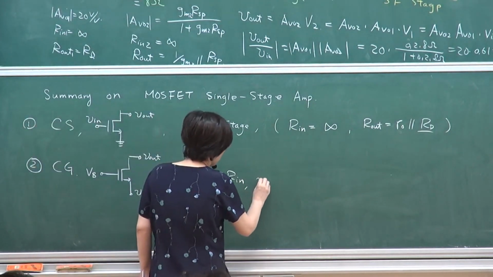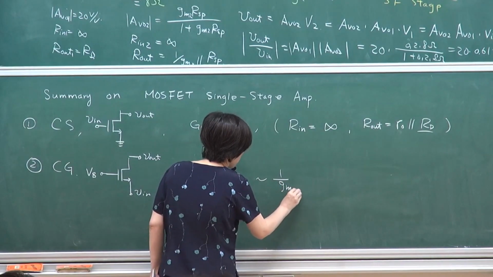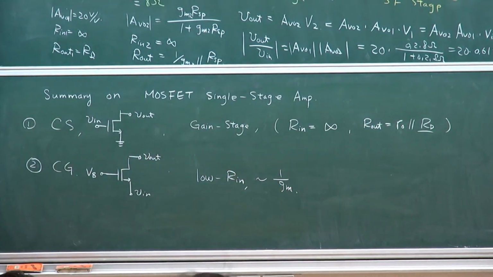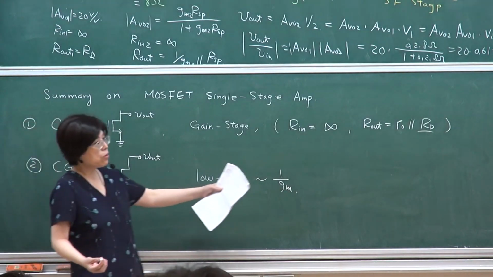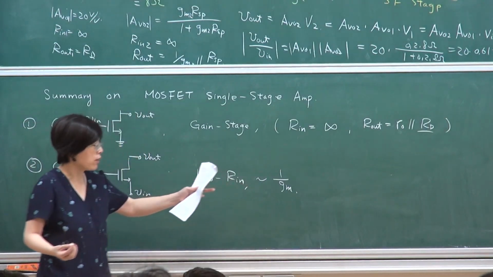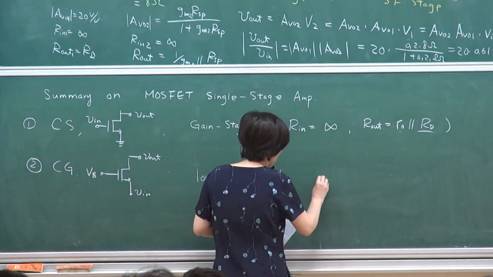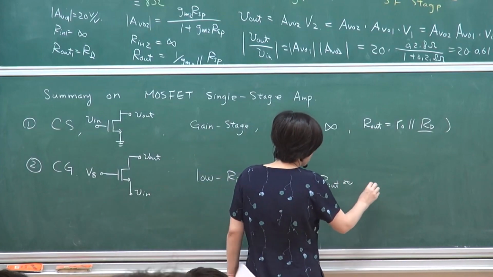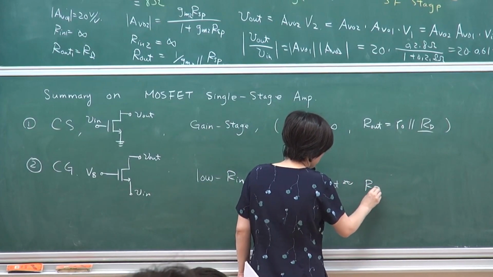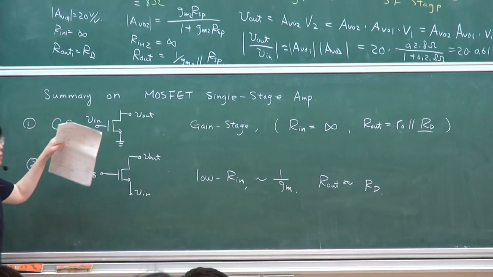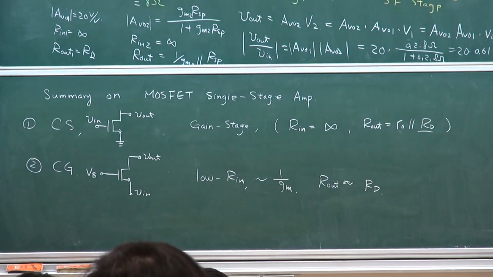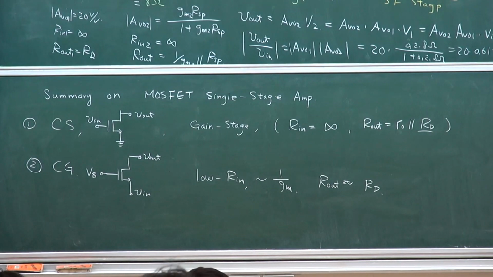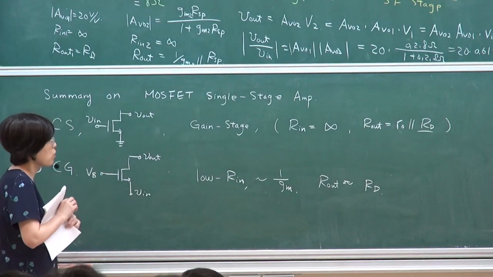Low Rin is in the order of 1/Gm. So through designing the size of the transistor as well as biasing, you can set this to meet a certain low impedance target. And then, of course, Rout, if you're ignoring all the other components, will also be typically determined by Rd itself, the biasing component on top. If we need to consider more detailed effects, we're going to talk about it, especially in cascaded structures.